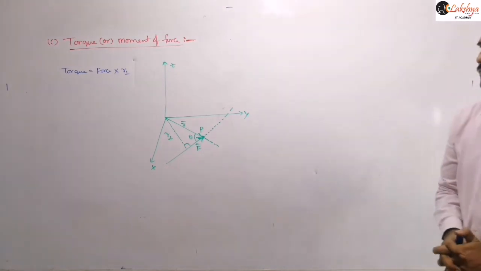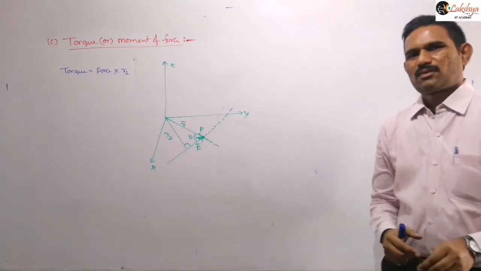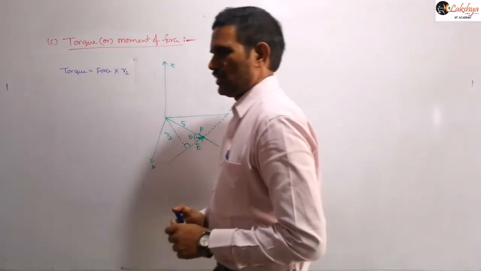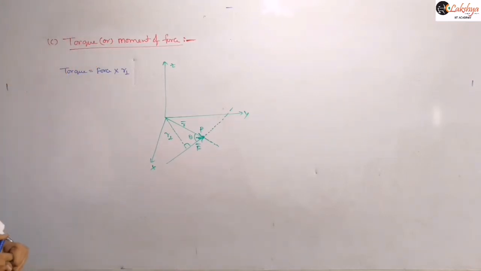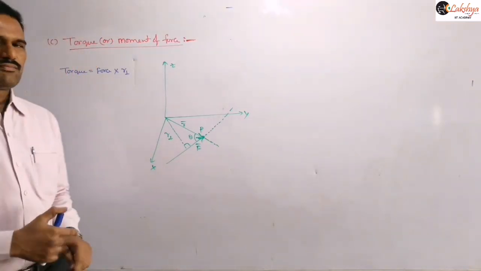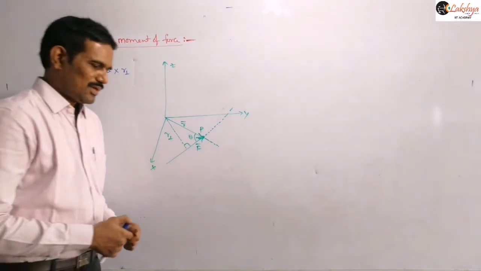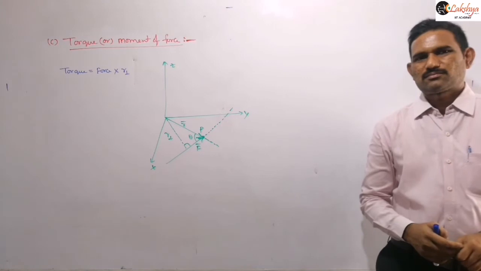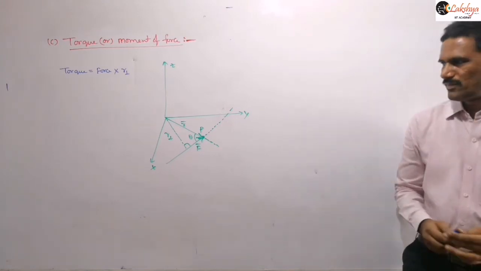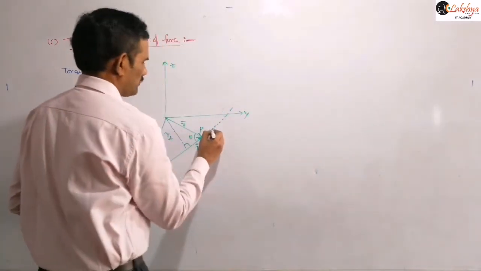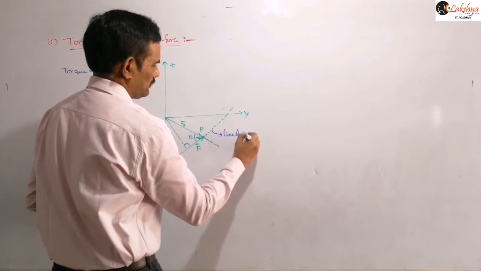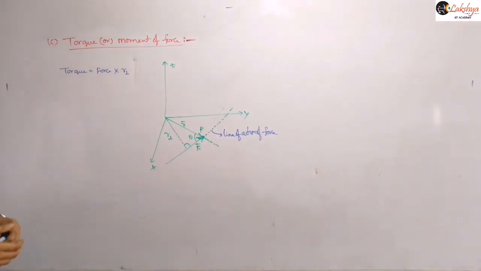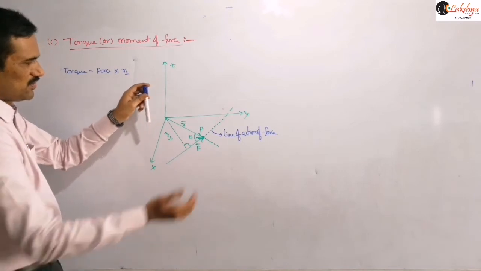Mathematically it can be defined as the product of force and perpendicular distance between line of action of force and axis of rotation. That means this axis or reference point you can consider.